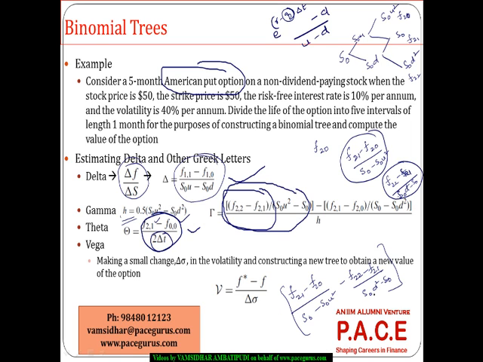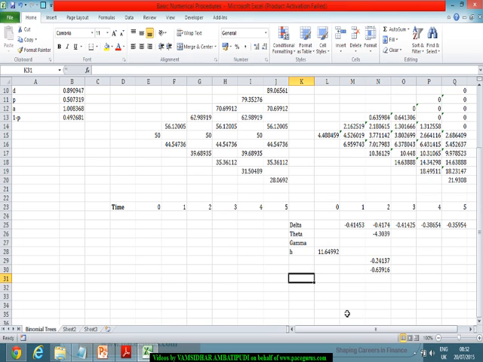This is the physical change, but I require the per change in the underlying. So that's where I am taking the h, which comes out as half of the actual difference between the up movement and the down movement. So here I get my gamma as nothing but the difference between the delta on one side minus the delta on the other side divided by the h, which gives me that the gamma is around minus 0.03.